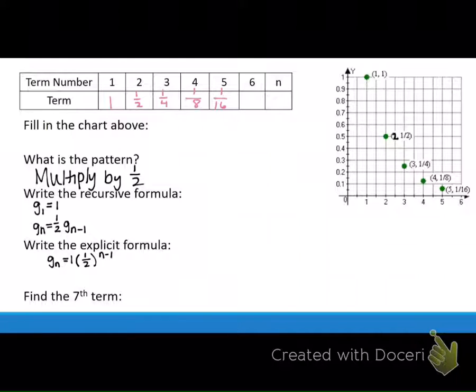And so, if you're finding your seventh term, does it make more sense to use the explicit or the recursive form? Explicit, because you can just substitute in 7. So we're going to substitute in 7. So raise that to the 6th power.